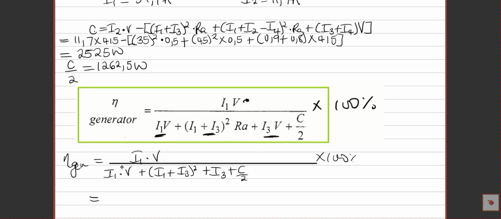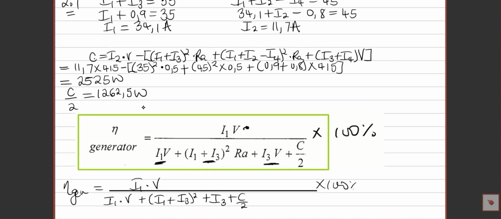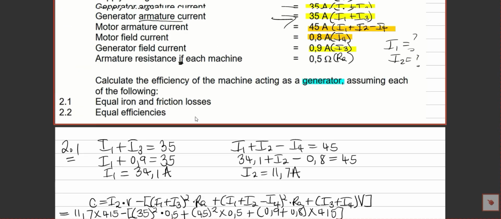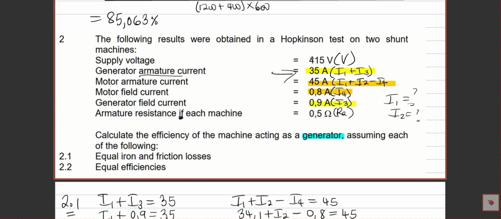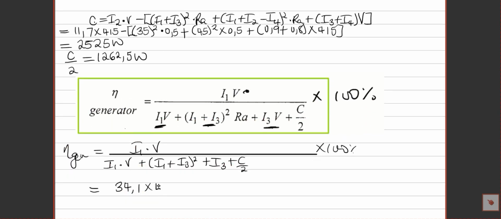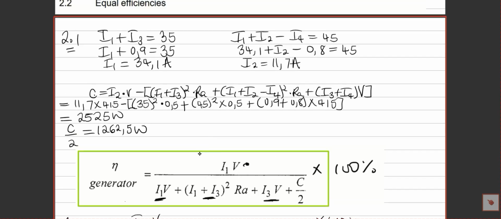We substitute our information. So I1 we found at the beginning, we have 34,1. 34,1 times our voltage, it was how much? 415, I think. Here's our voltage, 415. 415 over all over 34,1 times 415. So we have I1 plus I3. You remember it was given to us at the beginning.